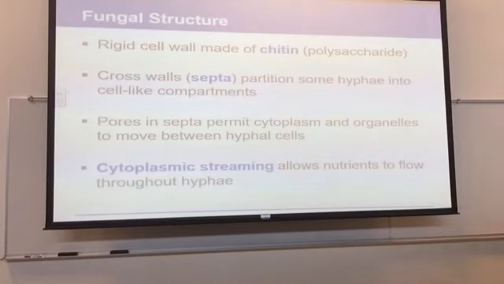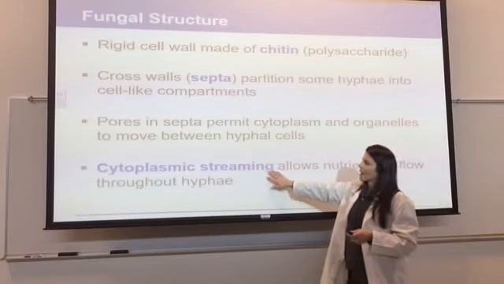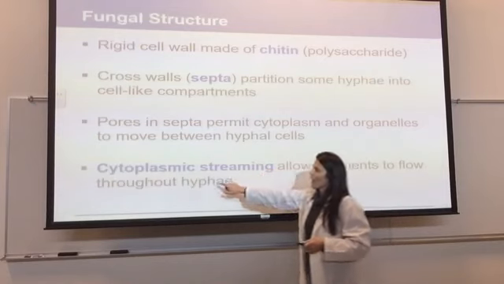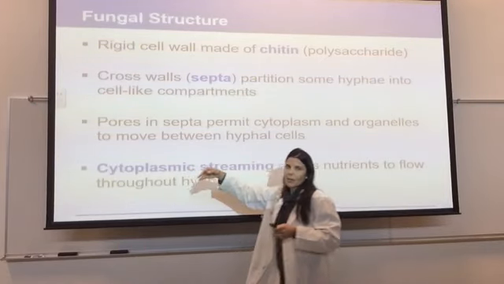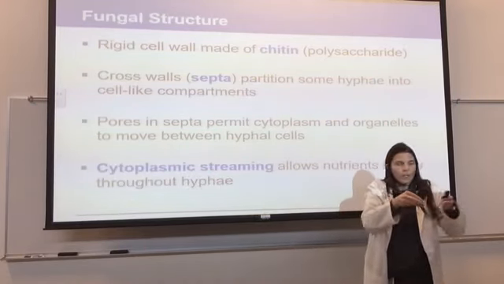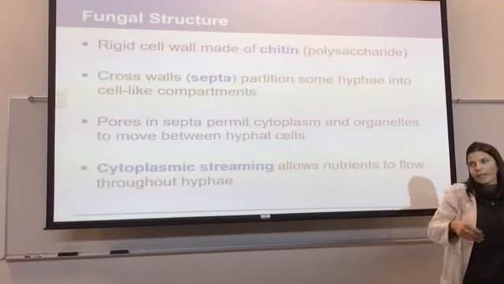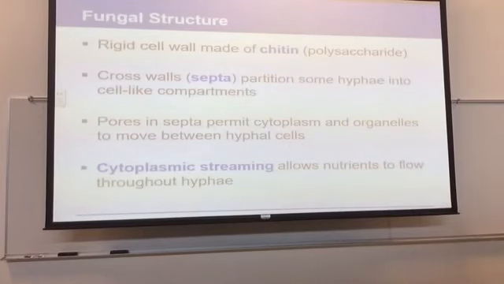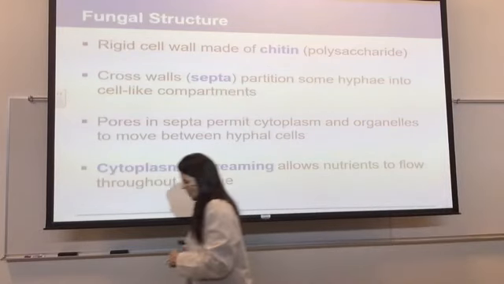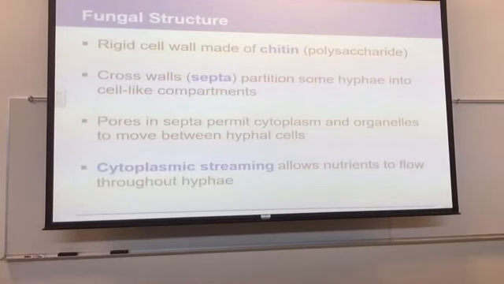Not completely like individual cells, but cell-like compartments. There is the practice of cytoplasmic streaming. So cytoplasmic streaming is the cytoplasm moving from one part to the other to carry various things, nutrients, water, okay? Because we're going to talk about fungi and their ability to absorb.